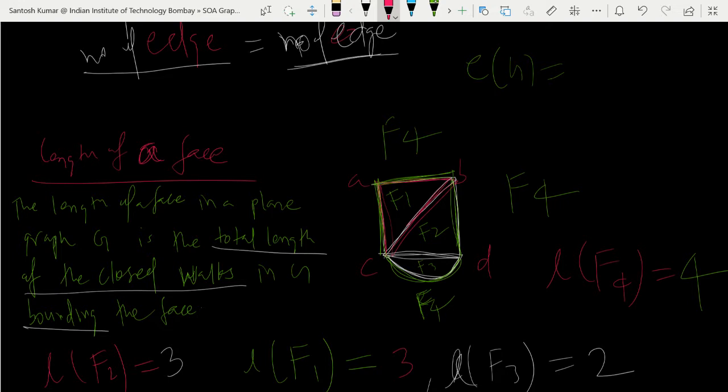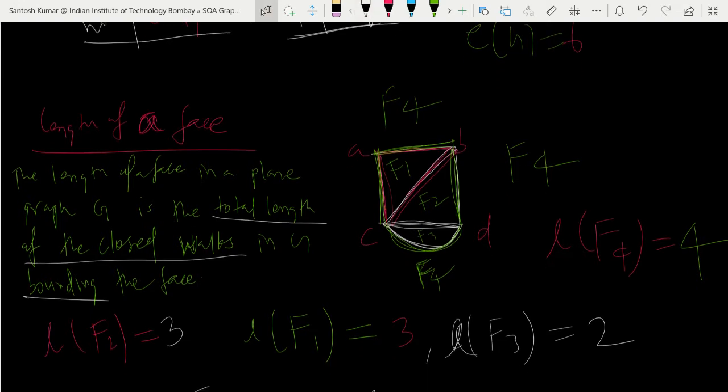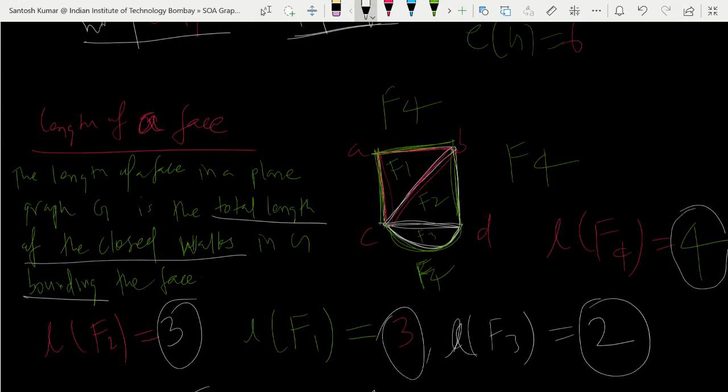Six, sir. So there are 6 edges, and if I ask you to add the sum of all the face lengths, we had 4 faces. So add all face lengths: length of f1, f2, f3, f4.